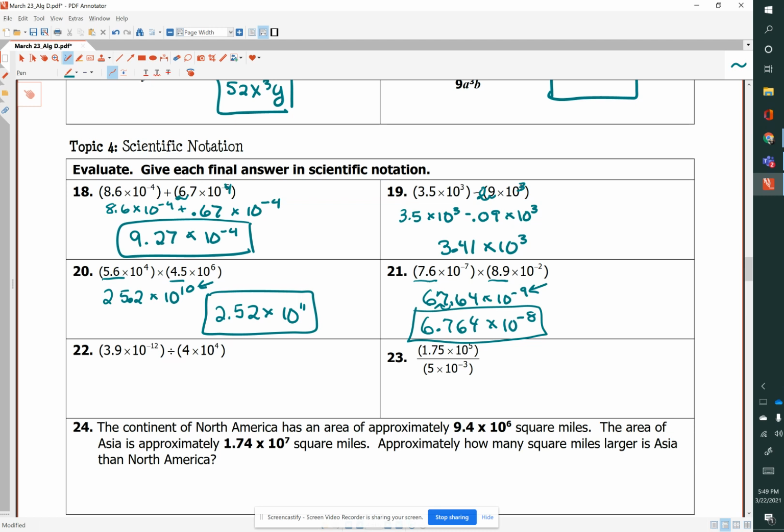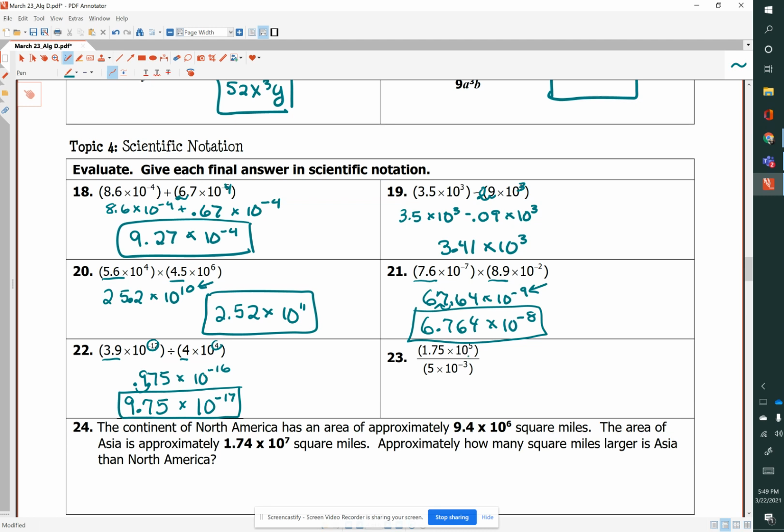And then number 22, division, we use the division rules. So 3.9 divided by 4 is 0.975 times 10 to the negative 12 minus 4 is negative 16, but we're going to move the decimal point 1 to the right, so that would be 9.75 because that's our proper notation, times, so this is going to get smaller, 10 to the negative 17th.